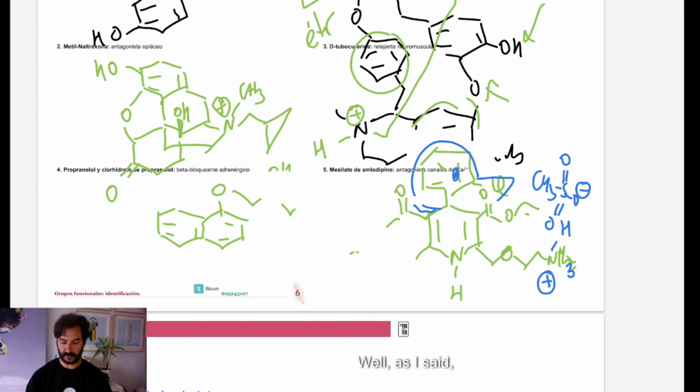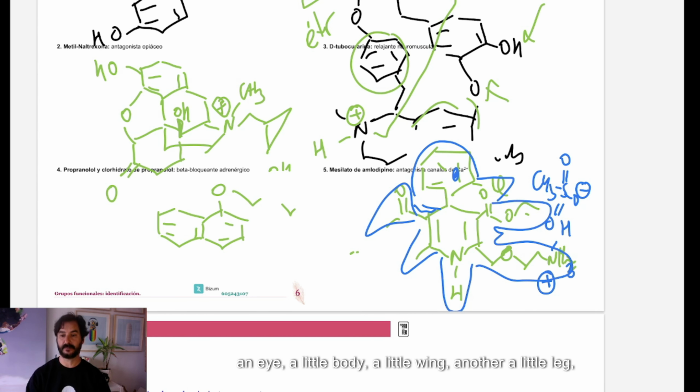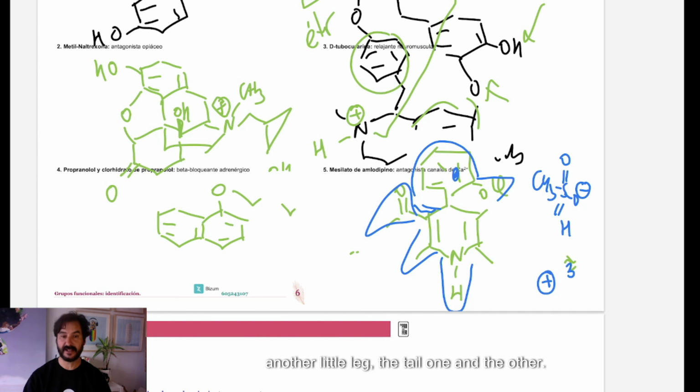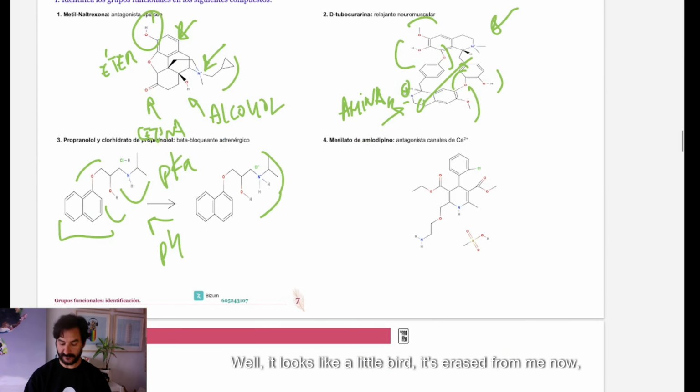Well, as I said, these are very pretty because they are little birds with a little beak, an eye, a little body, a little wing, a little leg, another little leg, the tail, one and the other. Well, it looks like a little bird, it's erased now, but there you have it, okay? And here you have it. It is not in the form of a salt, as I told you before, because this would have a positive charge if it is ammonium.